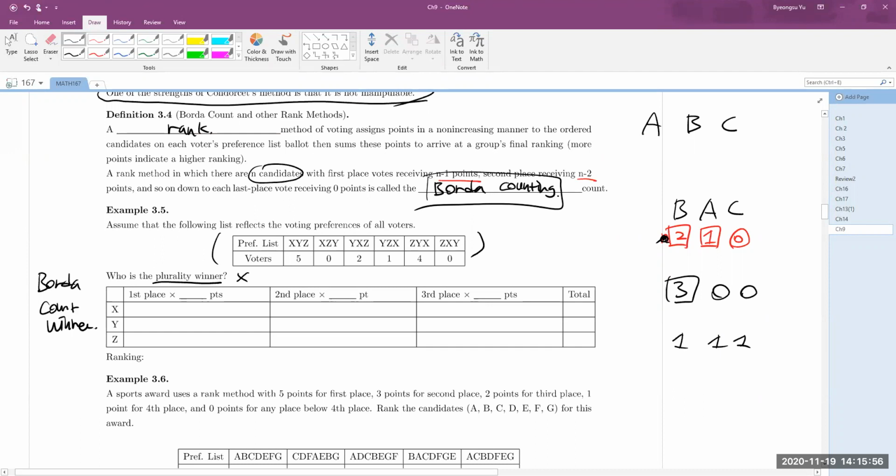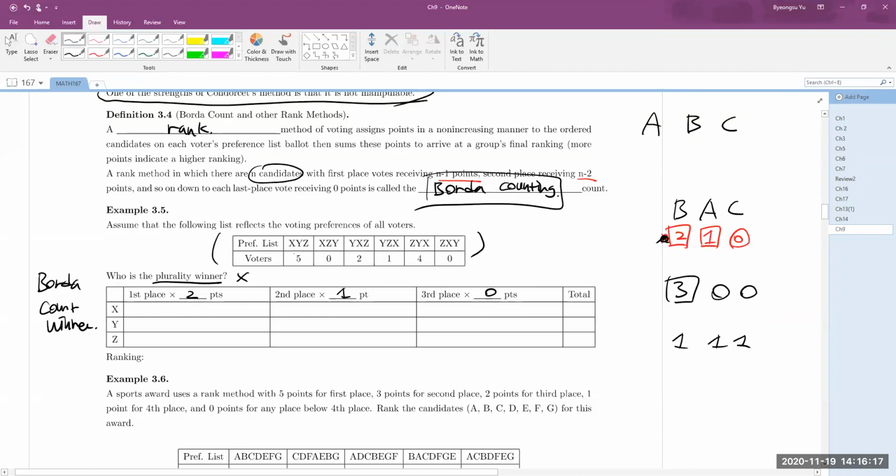In the Borda count, first place gets 2 points because 3 minus 1 is 2. Second place gets 1 point because 3 minus 2 is 1. And third place gets 0 points.